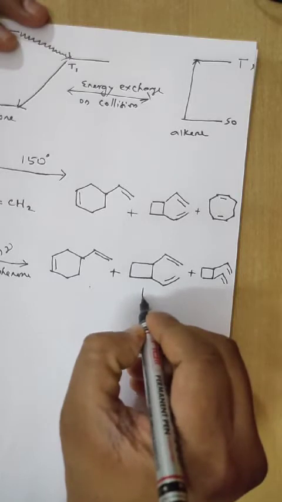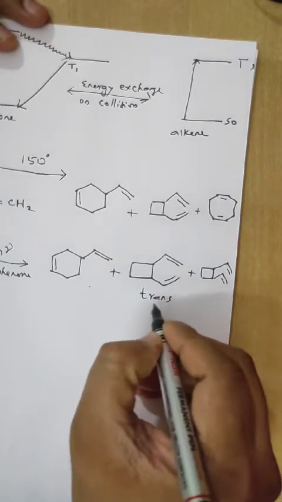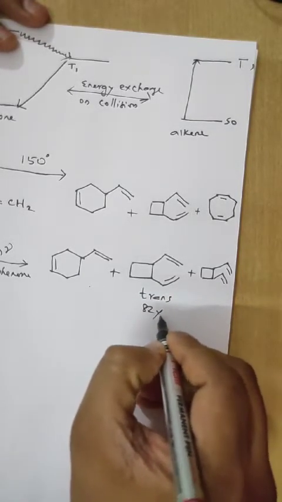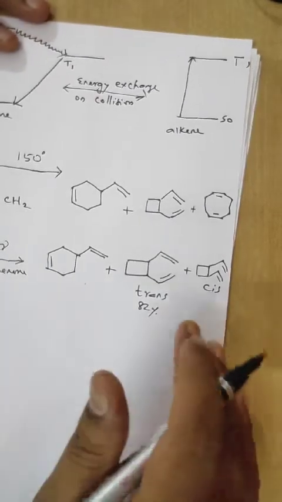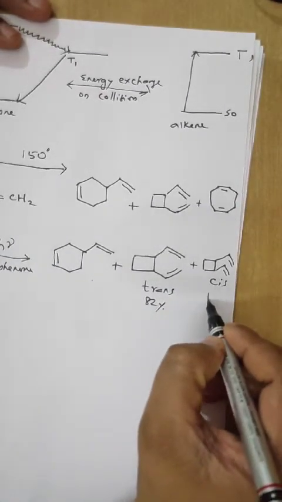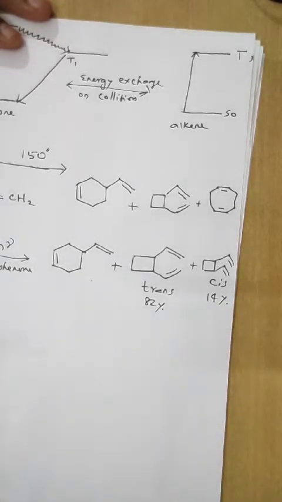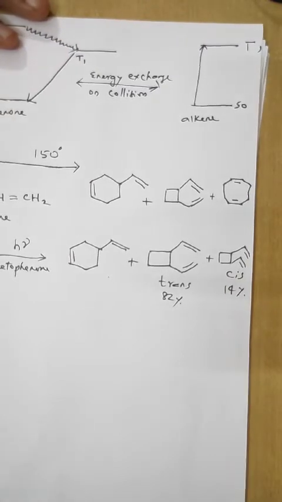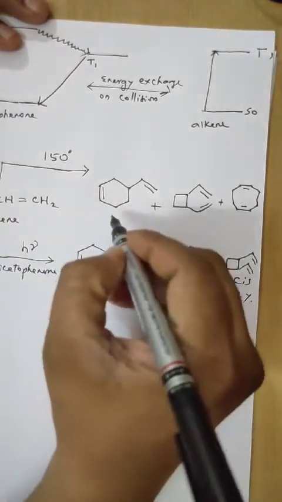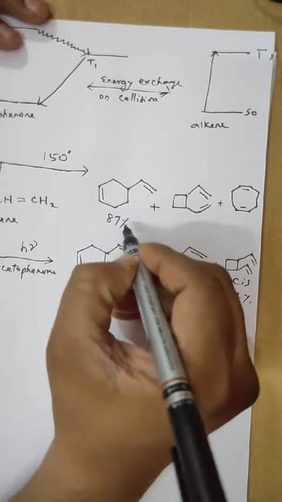This is the trans, 82 percentage, whereas this is the cis one, it comes around 14 percentage. Okay, now this is also 87 percentage.